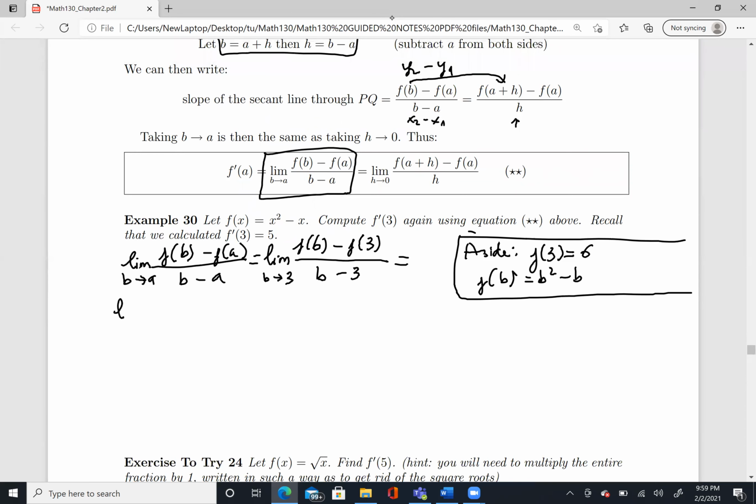Okay, so the limit of b squared minus b and then minus 6, divided by b minus 3, as b goes to 3.